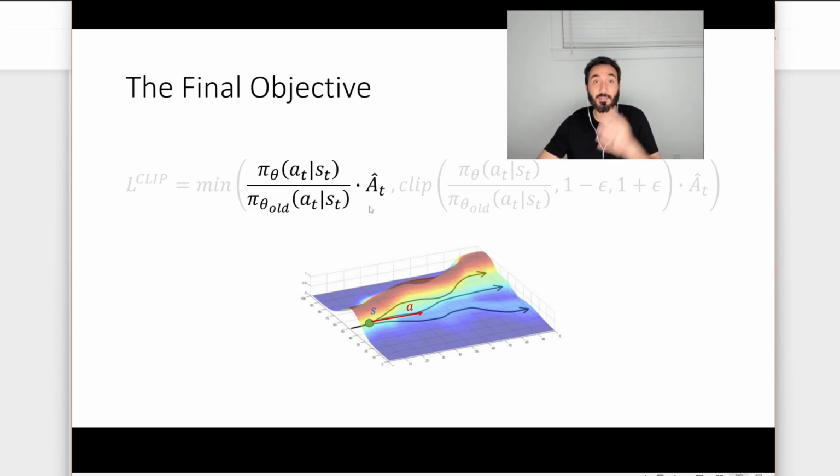It means that this is going to increase the value of that number. So essentially it goes upward. And this is compatible with the maximization of this quantity that we have over here. But it works similarly if the advantage is negative. So I will leave the detail to you. But essentially what this term does for us is that by maximizing this term, we are encouraging the policy to take better actions.